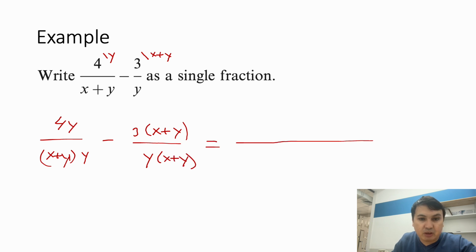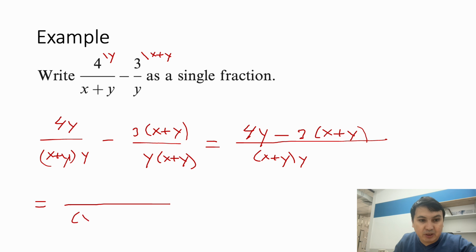So what is my common denominator? It's x plus y times y. In the numerator I have 4y minus 3(x plus y). Sometimes this is okay. However, I can try to simplify my numerator a little further. Let me expand the brackets: minus 3x minus 3y.